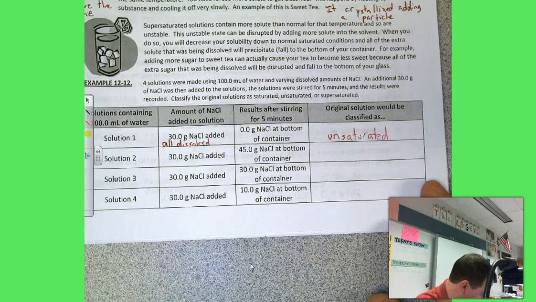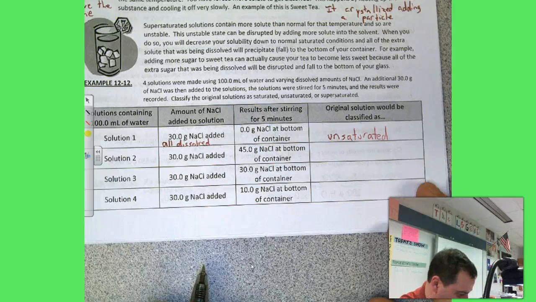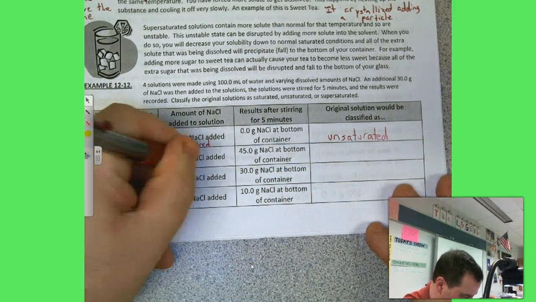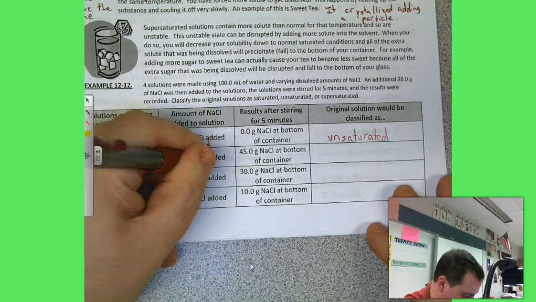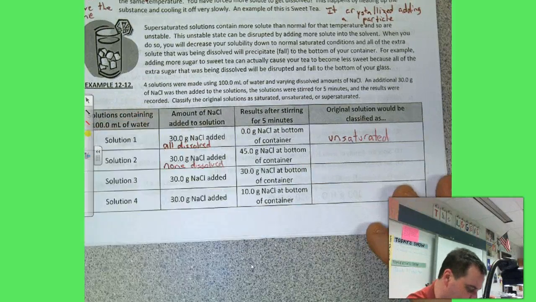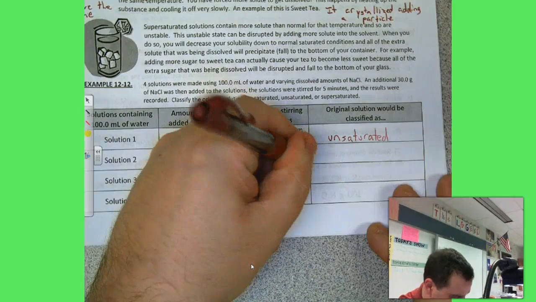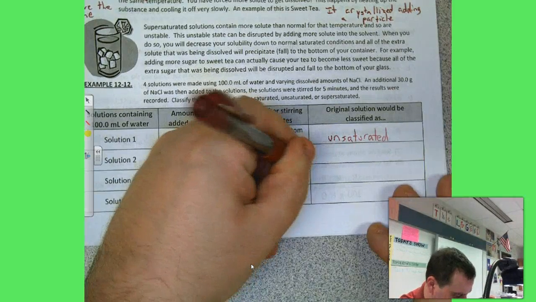Solution number 2. 30 grams was added. I can tell that none dissolved. How do I know that none dissolved? Because 45 grams are at the bottom of the container. Okay? Which means more fell out.